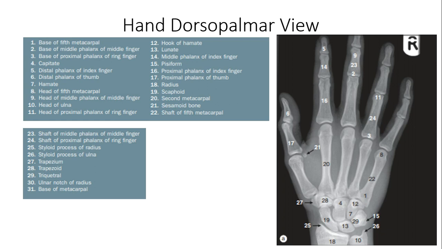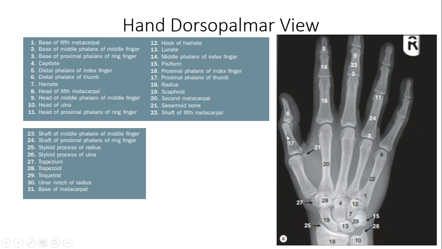The distal ends articulate with the proximal phalanges of the fingers, and these are called metacarpophalangeal joints. The first is that of the thumb, second is that of the index finger, third is the middle finger, fourth is the ring finger, and the fifth is the little finger.